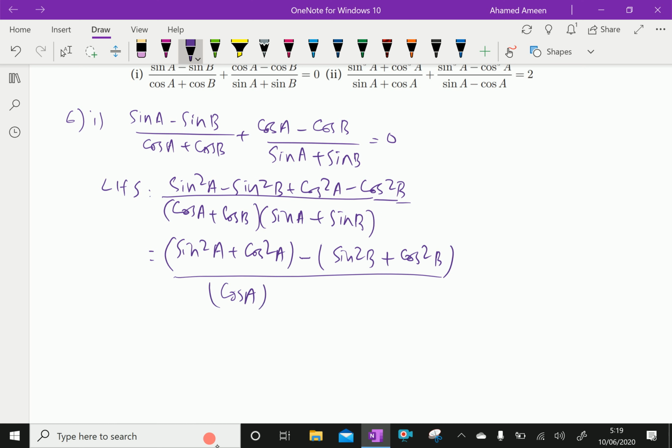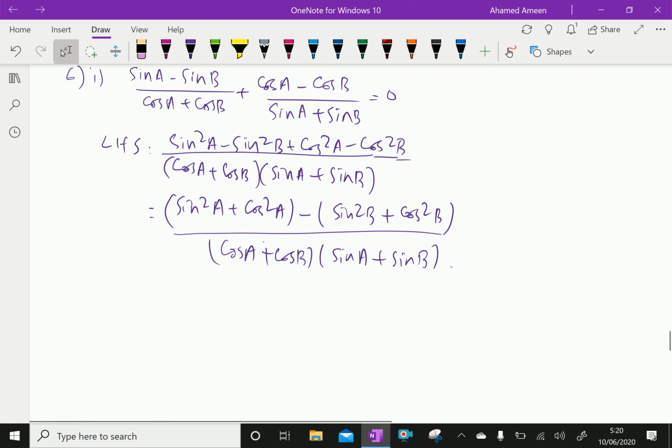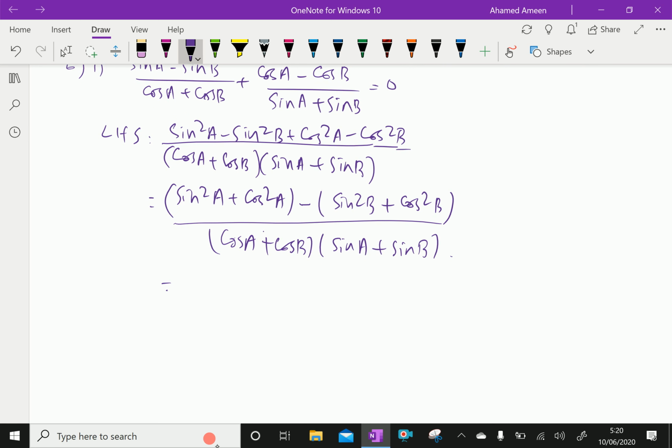cos A plus cos B into sin A plus sin B. Now look at this numerator, sin squared A plus cos squared A is 1.